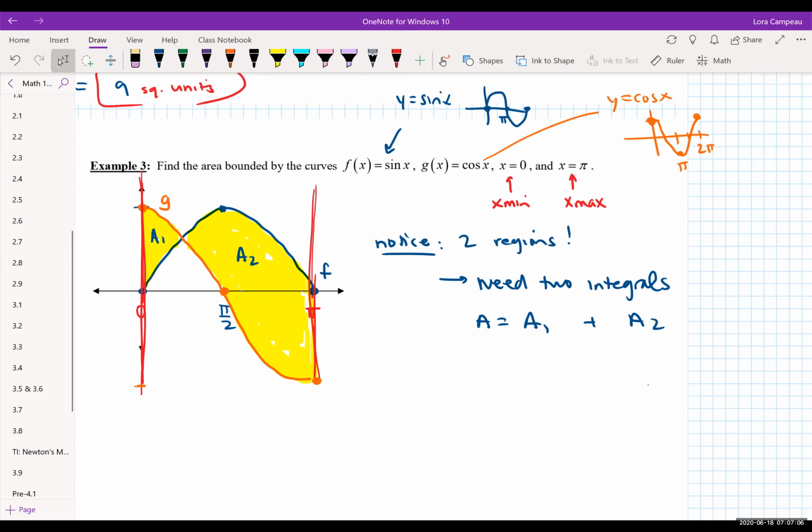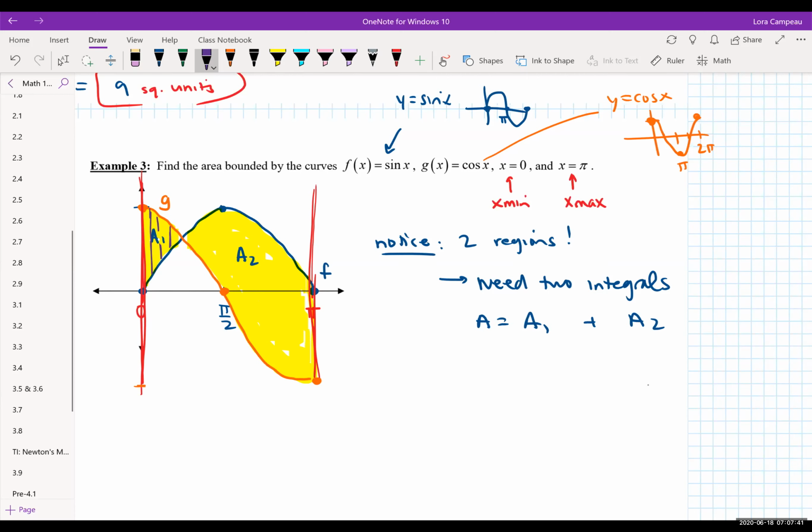What we might be interested in is understanding which is the top function and bottom function, or left function and right function. Let's see, what can we do for ourselves? Let's see if we slice. Maybe you just go with the one you're more comfortable with. Personally, I'm comfortable with making vertical rectangles. If I make vertical rectangles in A1, I'm only hitting each curve once.